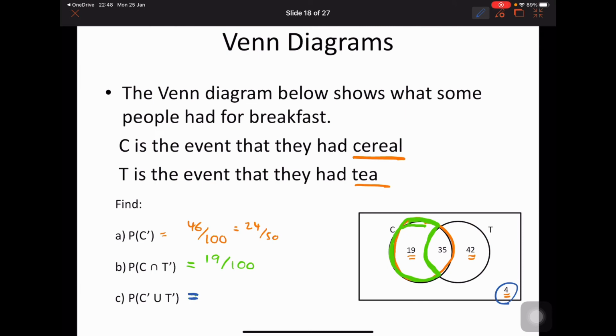It definitely cannot be in this intersected region, because that is C and T. It's not C, but here it says not C or not T. So we could have a situation where it's just C or just T. And so we're going to add those probabilities up.